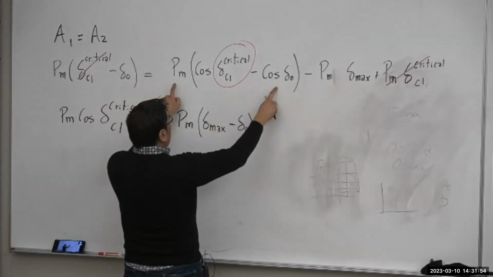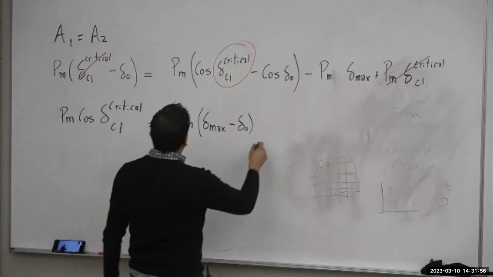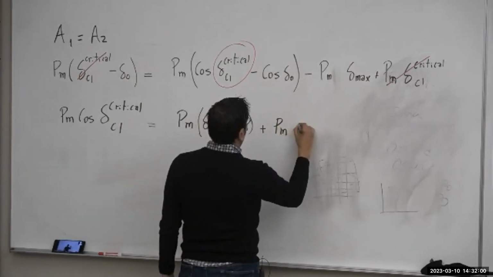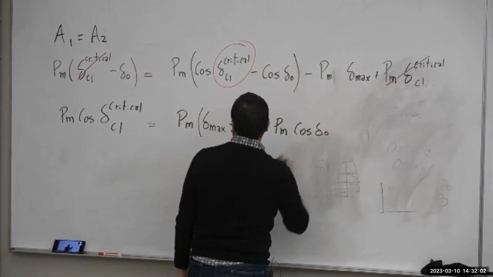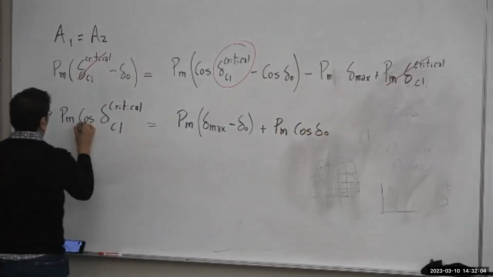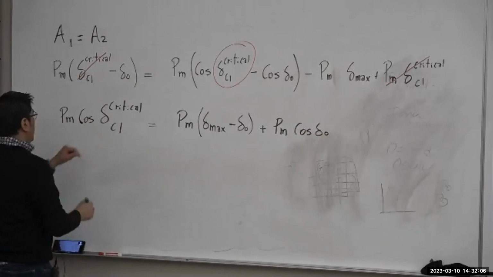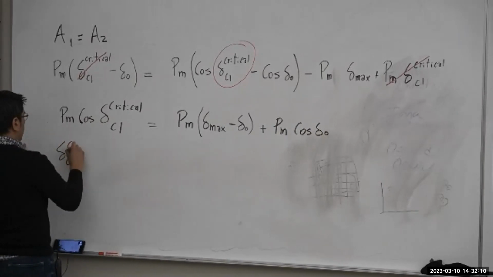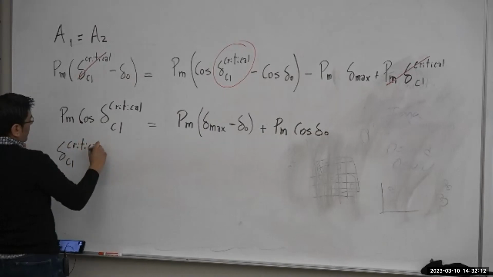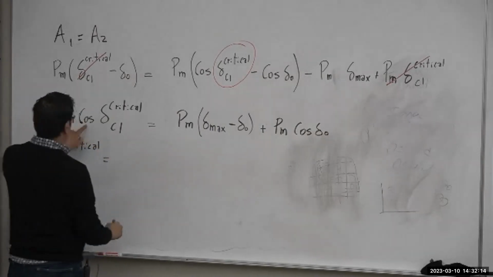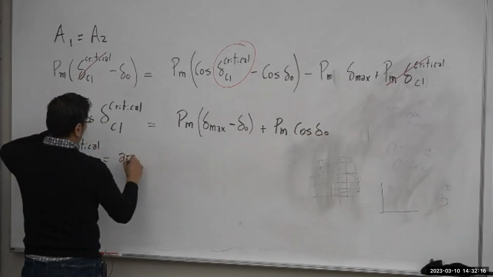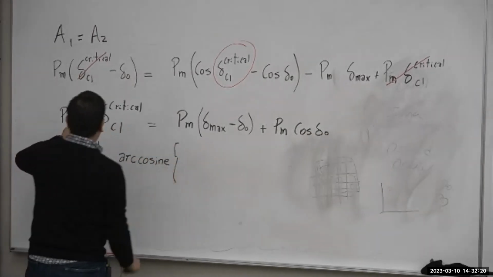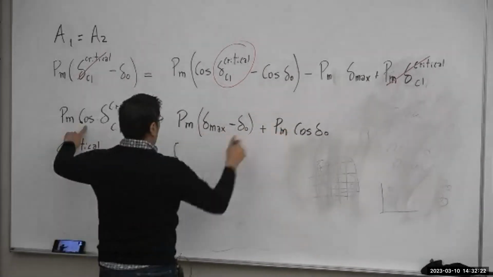We just need to send these to the other side. And that is going to be plus PM cosine of delta zero. So we solve for the critical clearing angle, which is going to be arc cosine of all of this.